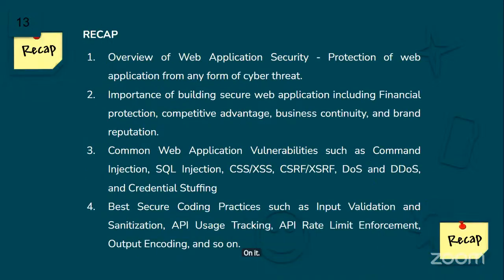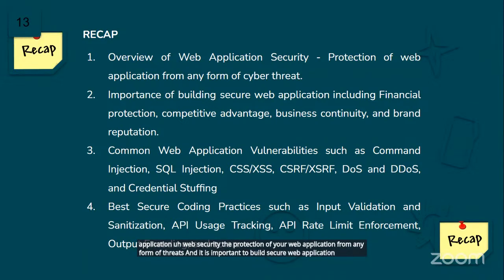So for the recap, web security is the protection of your web application from any form of threat. It is important to build secure web applications, including for financial protection, competitive advantage, business continuity, and brand reputation.